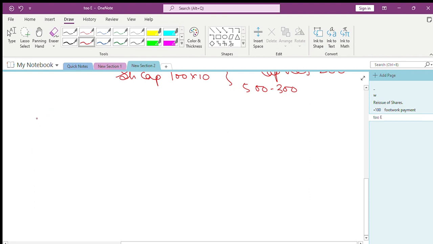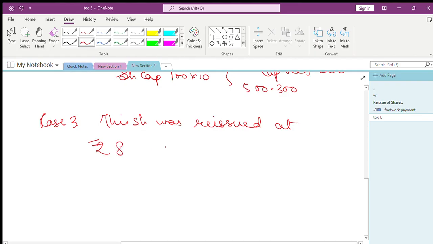Let's see the case of premium. Case 3, this same share was reissued at rupees 8 per share as 7 paid up. That means for a 7 rupee thing we are getting 8. So bank debit 100 into 8.